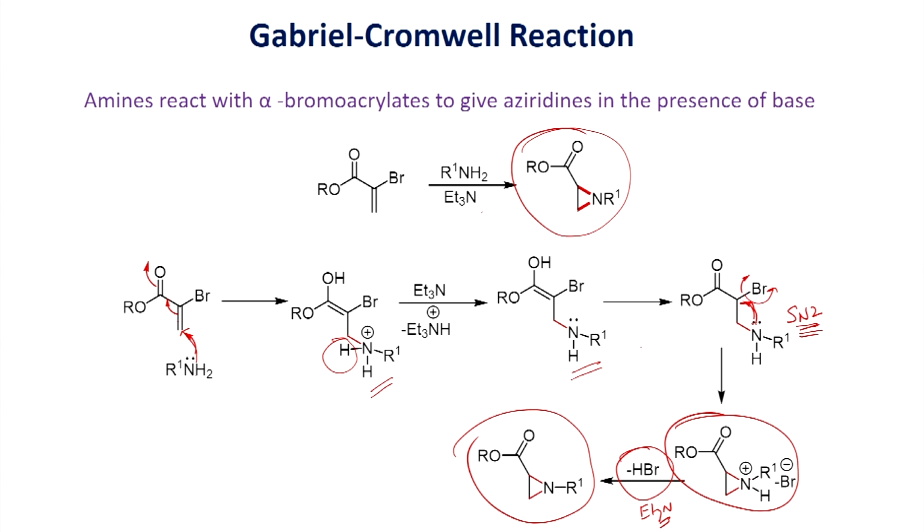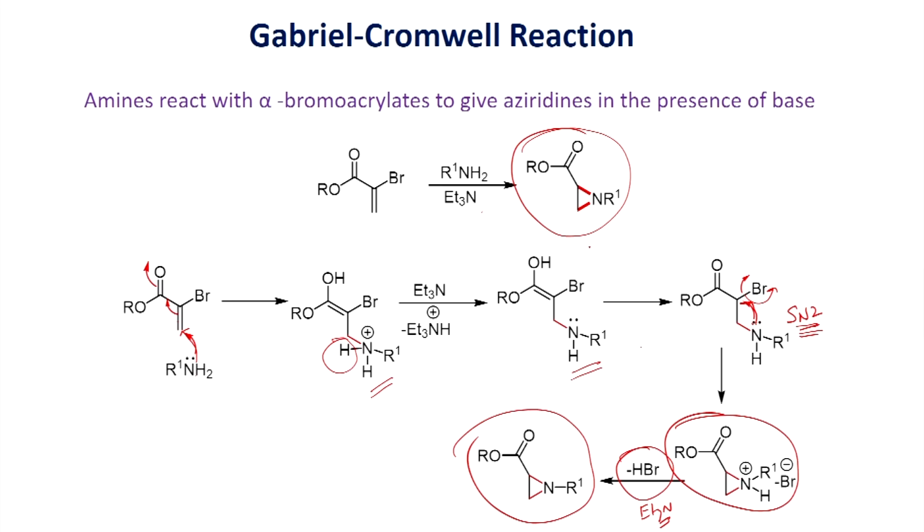If you have alpha-bromoacrylate, this can be readily reacted with amine in the presence of base to give aziridine as a product. In this way, you will be able to generate activated aziridine as the product. So, first it undergoes the 1,4 addition, followed by intramolecular cyclization by SN2 pathway to give this aziridine salt. Once you form this salt, in the presence of base, it can be converted into aziridine as a product.